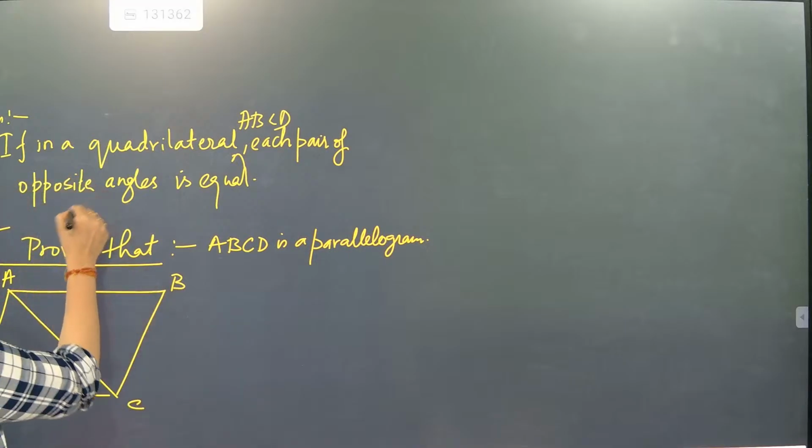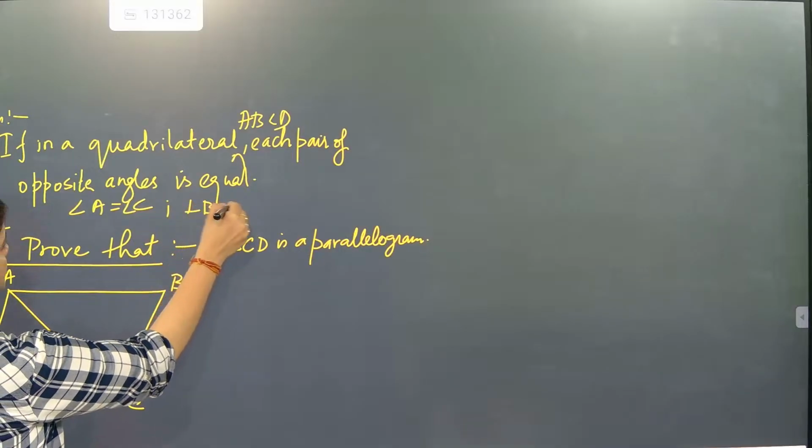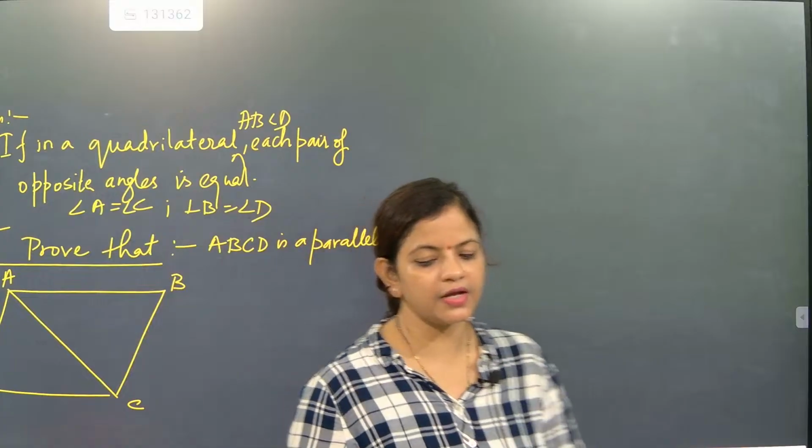Here angle A is equal to angle C, and angle B is equal to angle D.